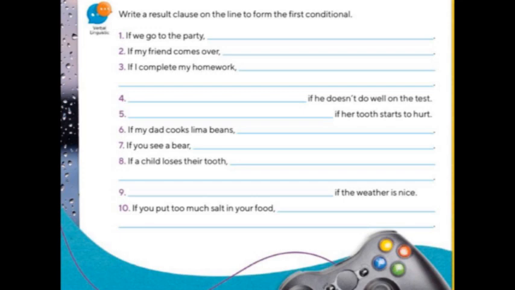If my friend comes over, we will do homework together, or we can watch TV together, or we will play for hours. I don't know. You write your result clause. Just remember the result clause must be in future tense, affirmative or negative, but in future tense.